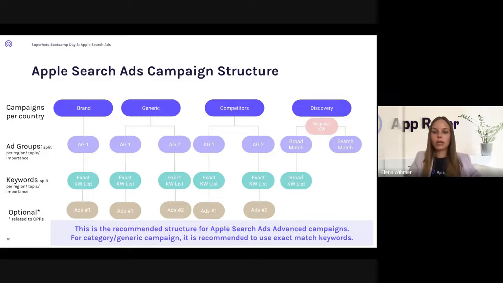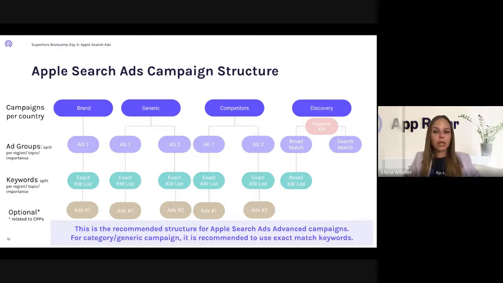And talking about keywords, it's important to keep an eye on that. When we talk about brand, generic, and competitor campaigns, it is recommended to use exact match as the keyword type. So basically, you set in those campaigns, in those ad groups, all keywords to exact match and make sure that the search match function is off.